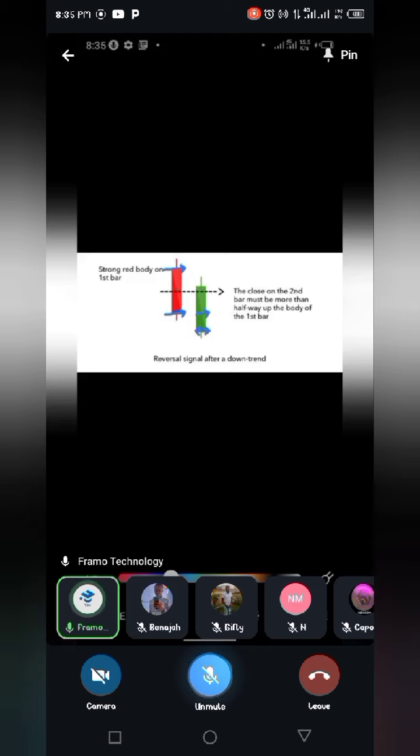Then they try to push it down more like this. But because there was a gap, whenever you see a gap in a trade, most of the time gaps have to be filled. So, let's say in a downtrend, they push it upward and fill the gap before we come back and continue.